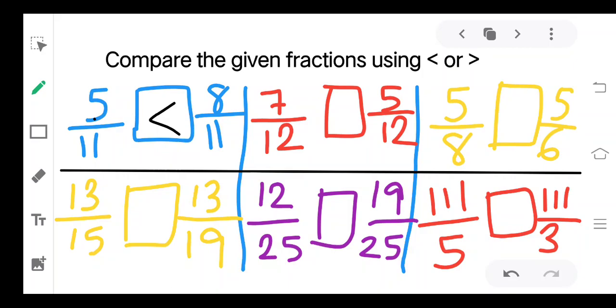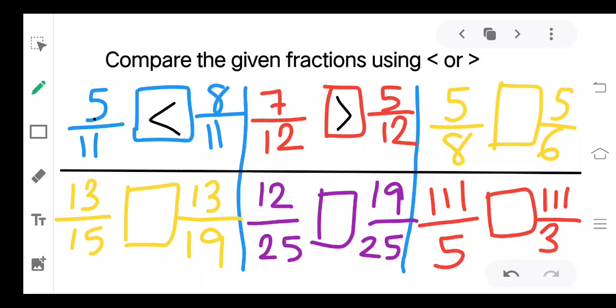In both, the denominators are the same, so we are going to compare the numerators, and 7 is greater than 5.